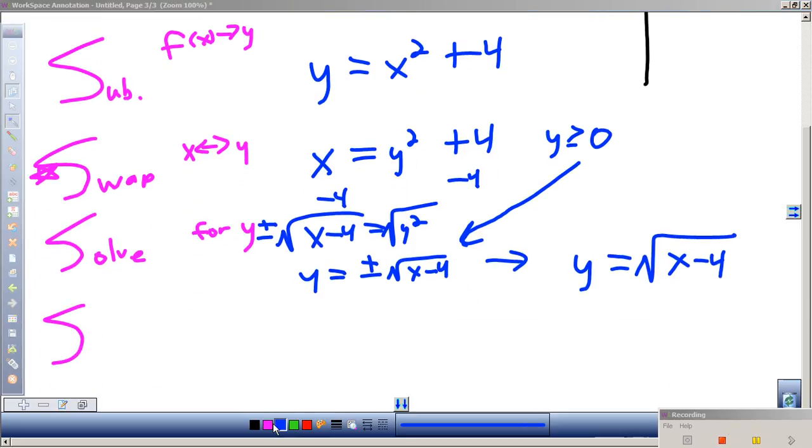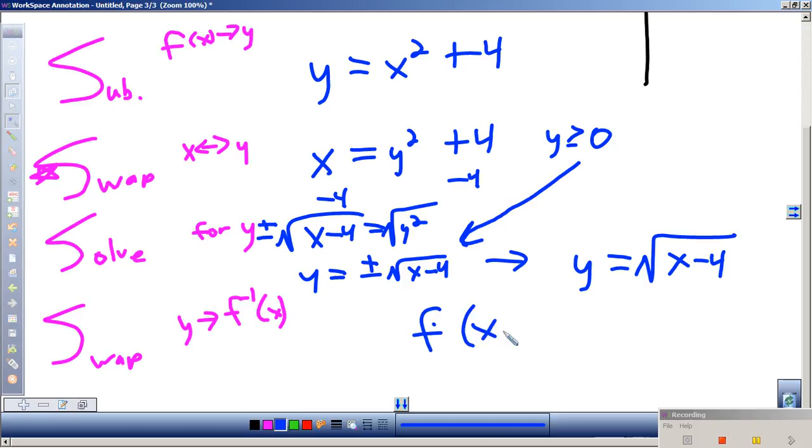And then the last one is a swap. y to f inverse. So we get, or not y, f inverse of x is equal to the square root of x minus 4.